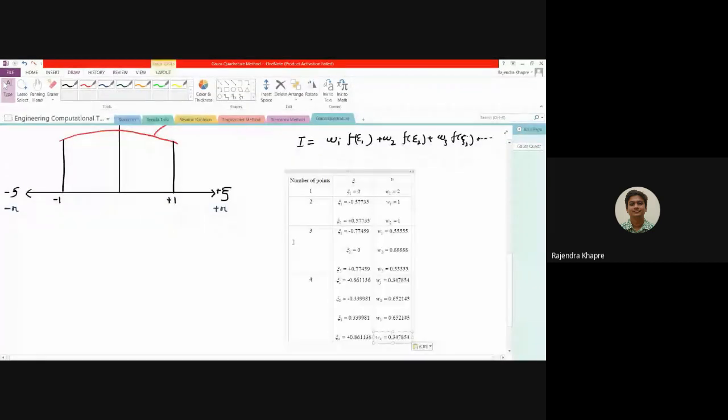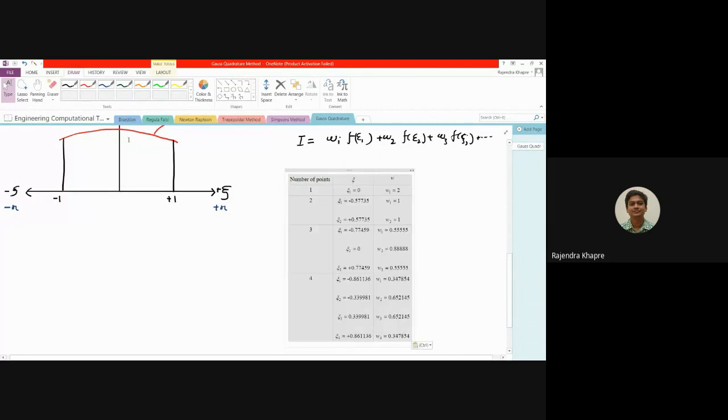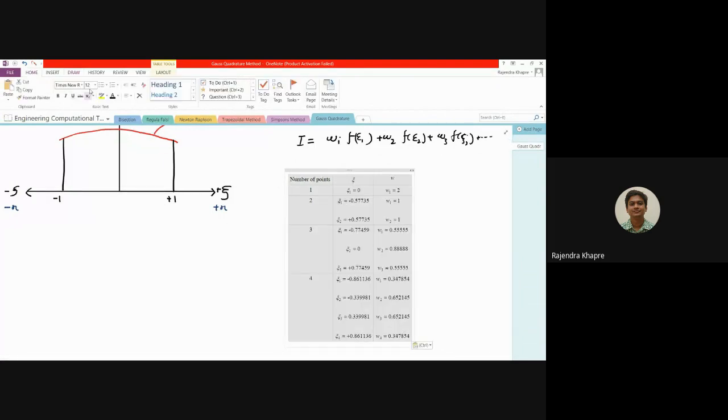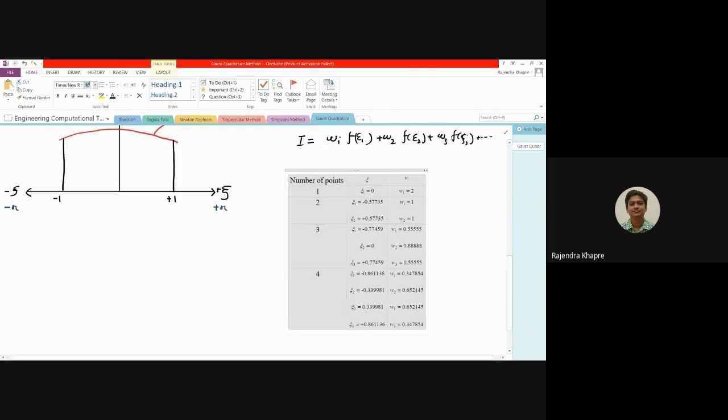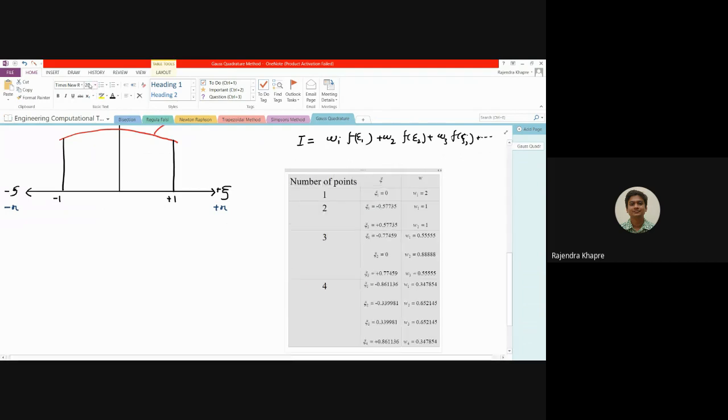Okay, so I'm pasting these values over here. Let me increase the font so that this can be visible to everybody. I hope it is visible to everyone.